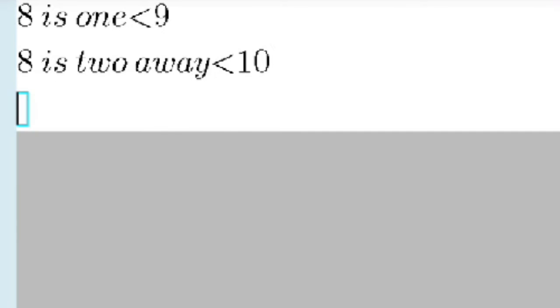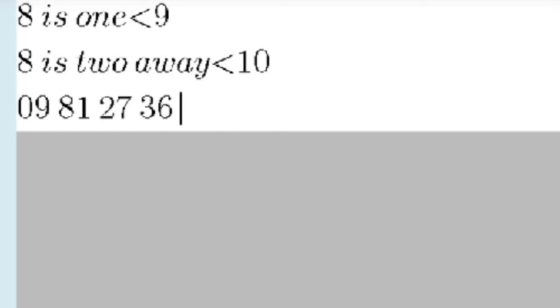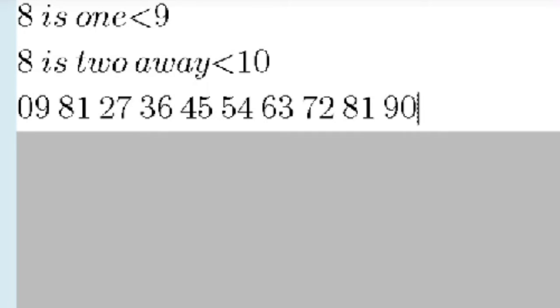Now, if you are to obtain our 9 times table system, we have the first to be 09, the second to be 18, the third to be 27, the fourth to be 36, the fifth to be 45, the sixth to be 54, the seventh to be 63, the eighth 72, then 81 and 90.